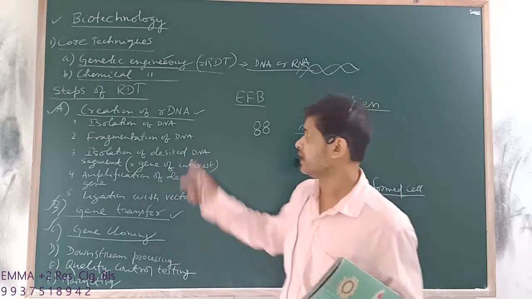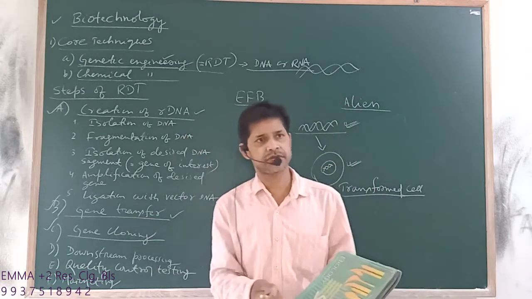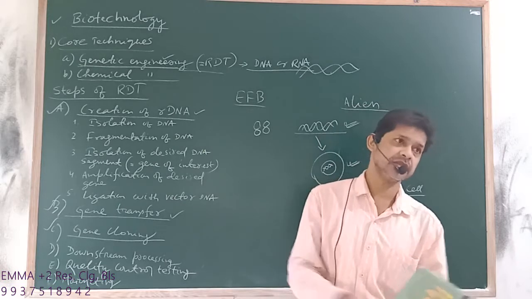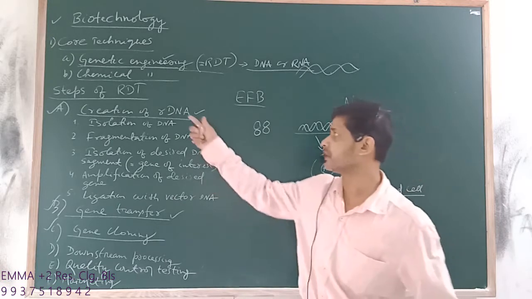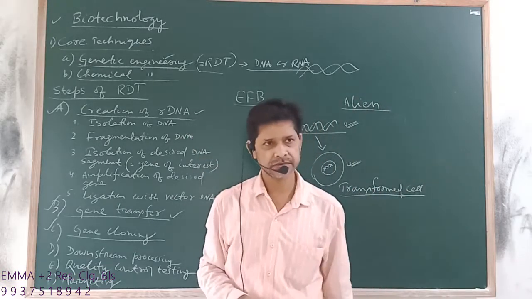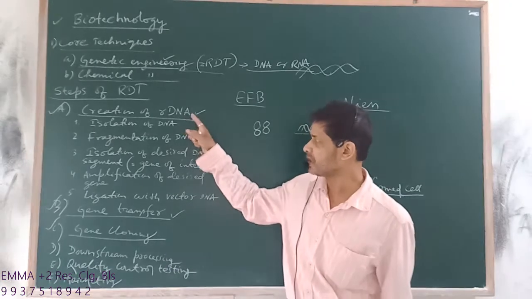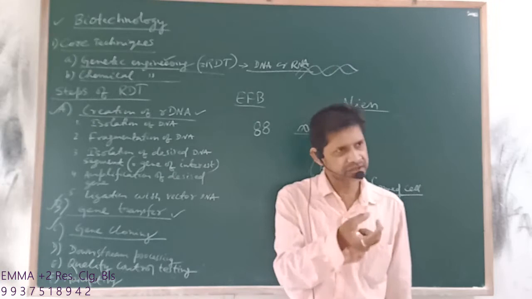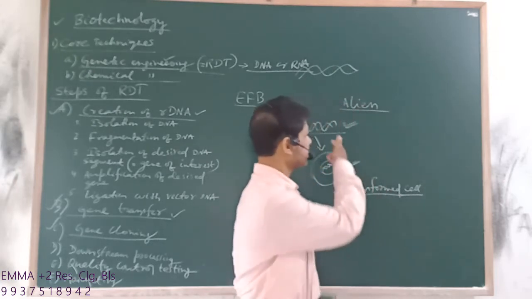So when the DNA from two different sources are ligated, united, linked, joined, that is the recombinant DNA. So once recombinant DNA is constructed, that DNA contains the gene of interest, this foreign gene.